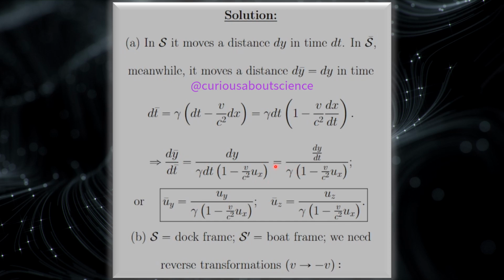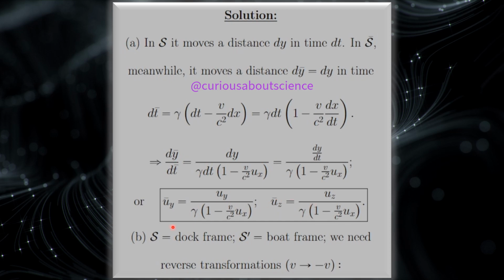But nonetheless, here we know that we can bump this dt into the numerator, since when we have a fraction in the numerator, the denominators join together. So that's what we do there, and we show that we have u bar y equal to u sub y over gamma times 1 minus v over c squared ux. And the analogous part to that is just change the ordinary velocities with z instead of y, and we're good. Again, this is assuming that the motion is in the x direction.